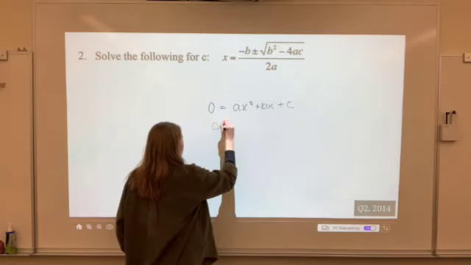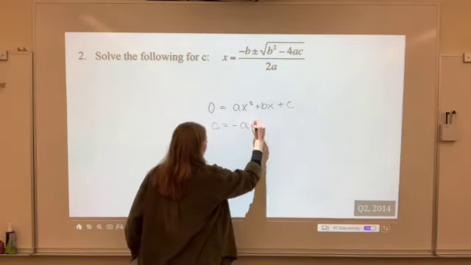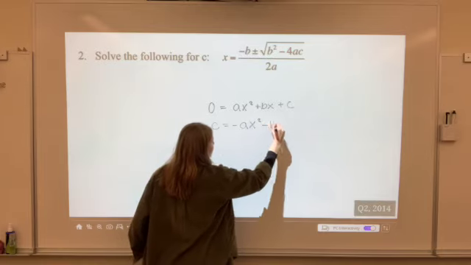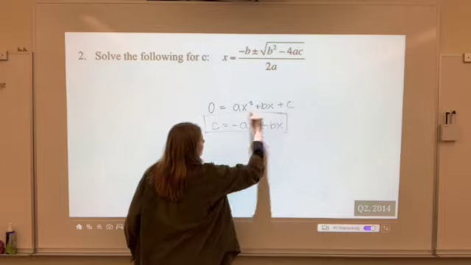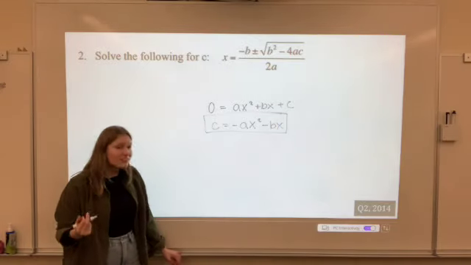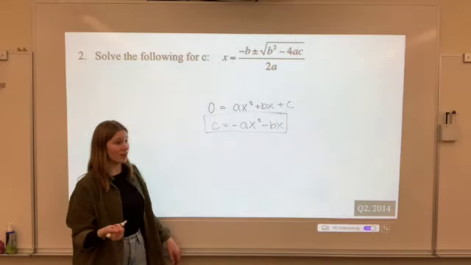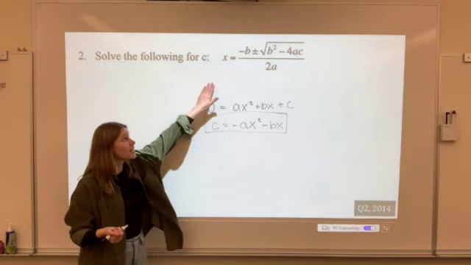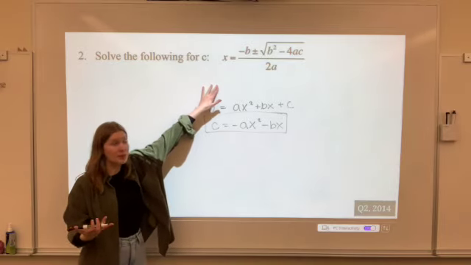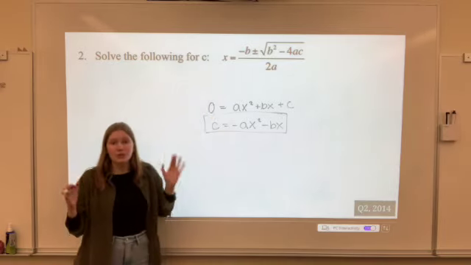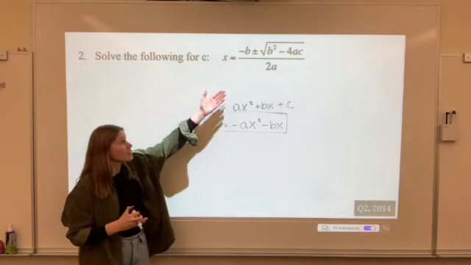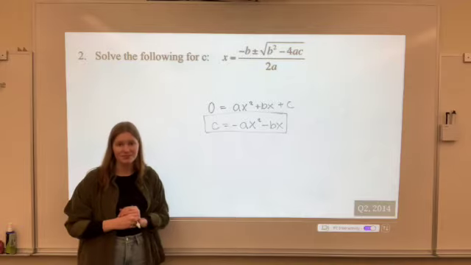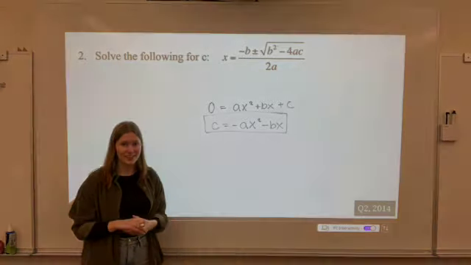You get c is equal to negative ax squared minus bx. There we have it. A very simple way of solving a potentially very complicated problem. These patterns are really important to recognize so that we don't get stuck trying to solve for c from an expression like that. All right, let's move on.